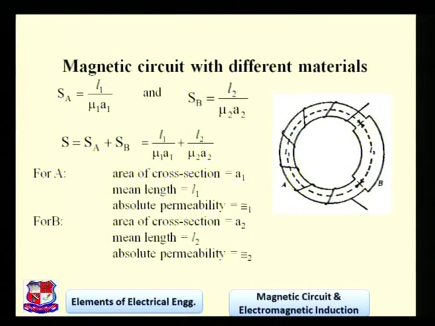The first material has length L1, area A1, and permeability mu1. The second material has length L2, area A2, and permeability mu2. So the total reluctance will be equal to the summation of these two reluctances. It means that S will be equal to L1 by mu1 into A1 plus L2 by mu2 into A2.